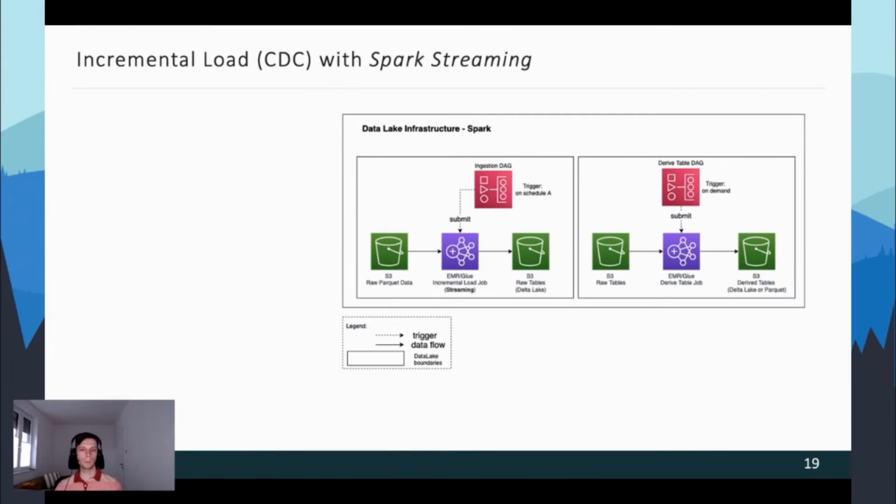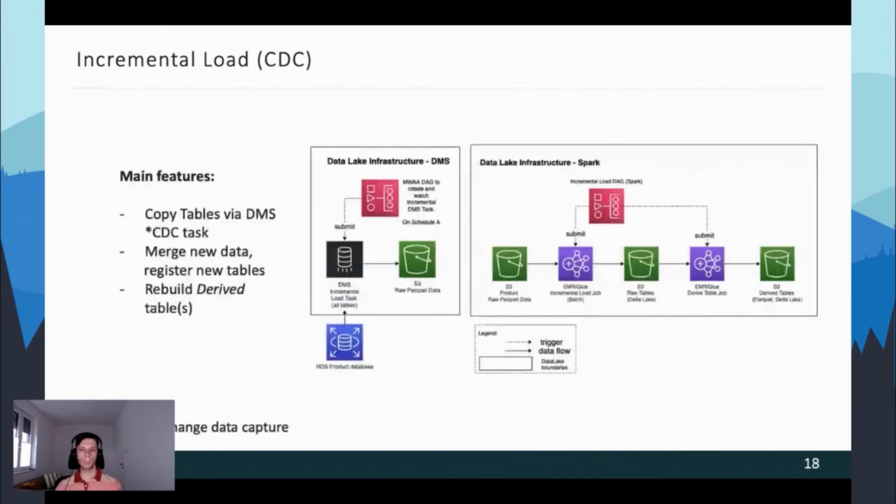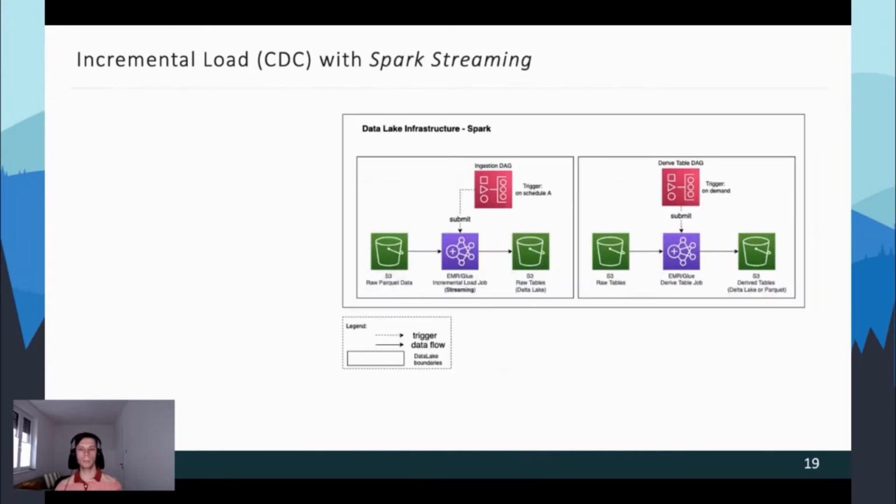So the next evolution of this incremental load pipeline is to split the second part into two parts. Now we have three DAGs in this bigger picture of the incremental load workflow. And the next version of the incremental load for the Spark side looks like this.